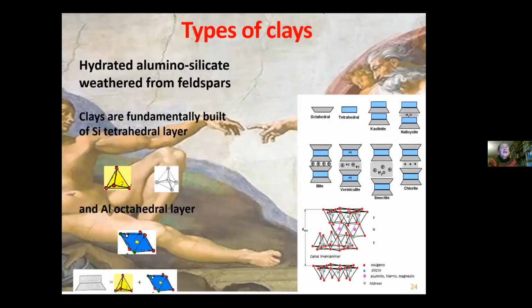They are hydrated aluminosilicates weathering from feldspars. Clays are built from silicon tetrahedral layers and aluminum octahedral layers. According to how these are arranged, they give rise to different clays. In particular, I will mention sodium montmorillonite, which is of the family of smectites, and is built with a tetrahedron, octahedron, tetrahedron layer.